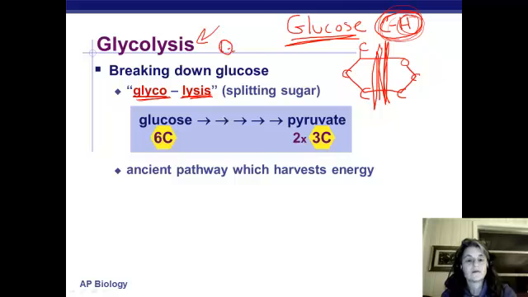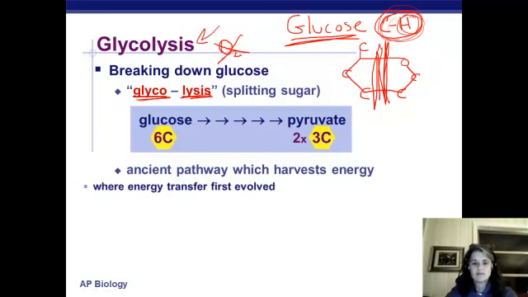So O2 is not required here. That means that this was evolved very, very early in the history of life when there was not a whole lot of oxygen present. There weren't a whole lot of fancy organelles evolved yet in cells. This part of cell respiration does not require fancy organelles, so it's a very, very ancient pathway.